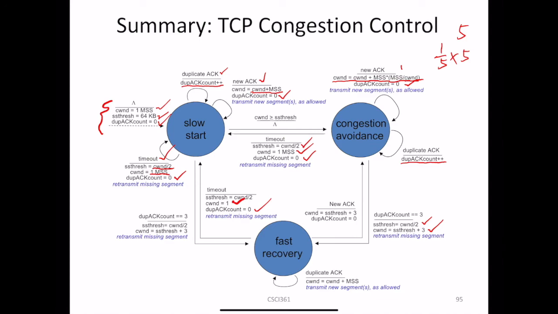And for this one, it's the same. When in the slow start state, when a triple duplicate ACK is received, it can also move to the fast recovery state and also do these kinds of actions.